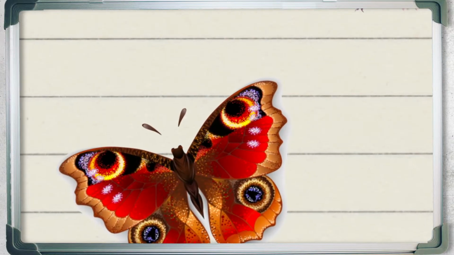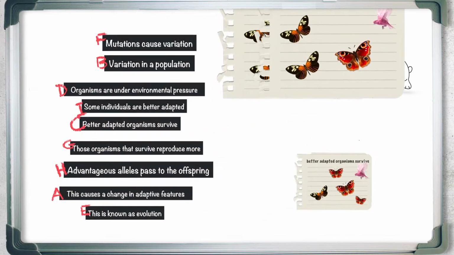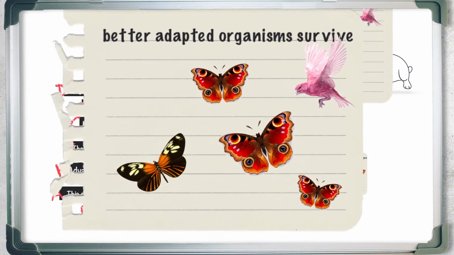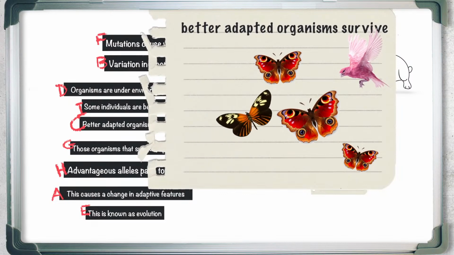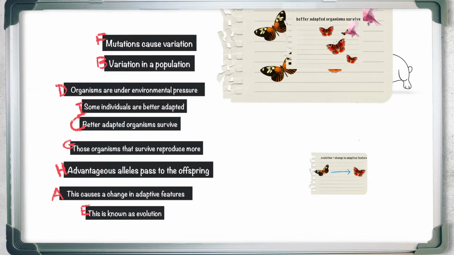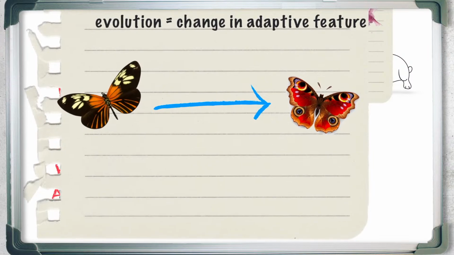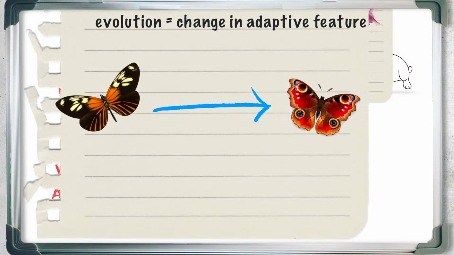Look at it. It looks like eyes, and it just happened randomly because of mutation. Now, what's going to happen? What would you expect to happen? You would expect those butterflies to survive and reproduce, unlike the other ones where they're easily eaten by the bird. If you wait thousands of years, you'll find that the entire population of the butterflies has changed from this shape to this one. That's what we call evolution by natural selection.